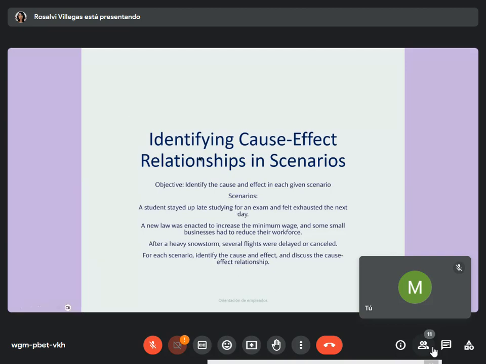So in here, we see that we are not using the vocabulary of cause and effect. We are just seeing two scenarios and identifying with critical thinking what will be the cause and what will be the effect.